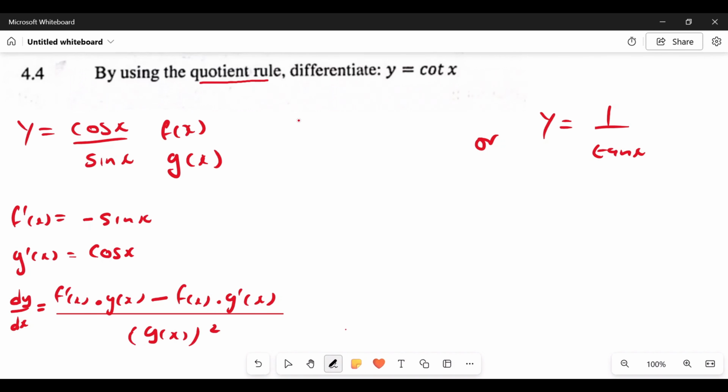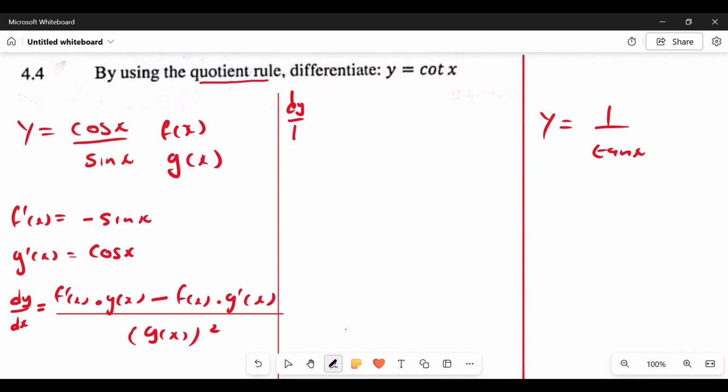Right, so we're going to continue here. Let me just create some sort of space there. And let me erase this one here. So if we continue from here, we can say dy over dx. f prime of x is going to be negative sine x multiplied by g of x. g of x is just sine x. There we go.